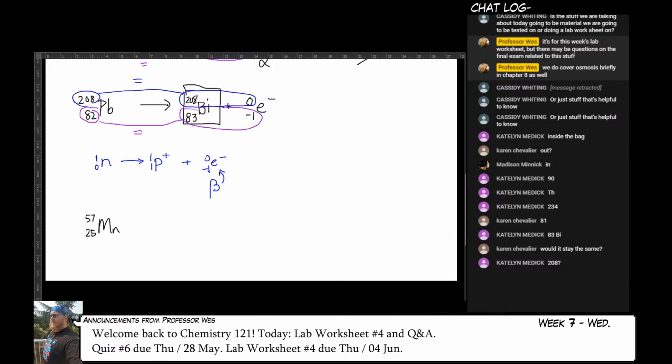And I actually need more space here for this guy. So if I emit light, there's no change in the atomic number, so that stays the same. And there's no change in the mass number, so that stays the same.